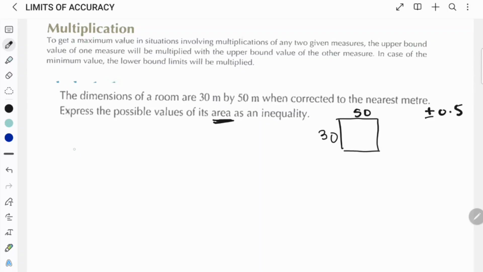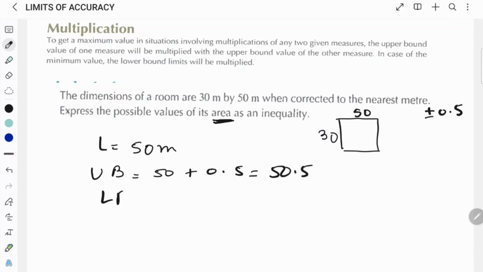The length and width are the two sides of the rectangle. For example, the length is 50 meters, so the upper bound is 50 plus 0.5, which equals 50.5, and the lower bound is 50 minus 0.5, which equals 49.5.